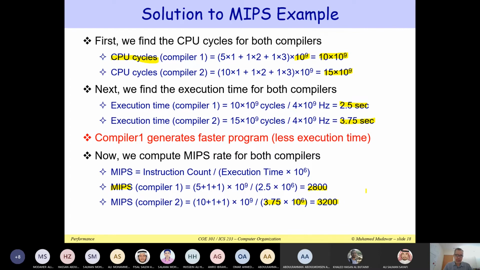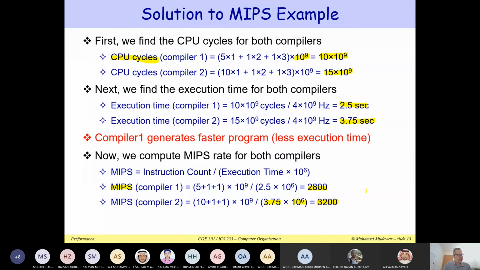So this will give me a MIPS rate of 3,200 MIPS, or in other words, 3.2 billion instructions per second. You can also convert it to billions of instructions per second if you want to.